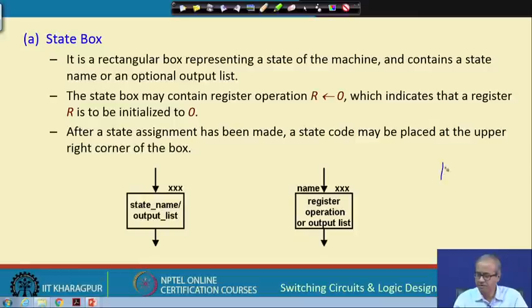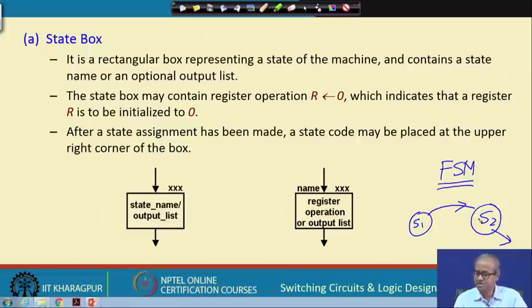Well, if you think of an FSM, a finite state machine, where you represent states like this, let us say S1, S2 and so on, and arrows indicating transition from one state to another. So, each of these states is represented in ASM by a state box.